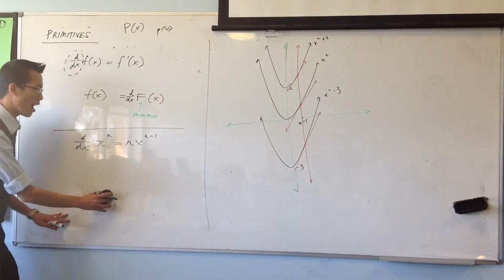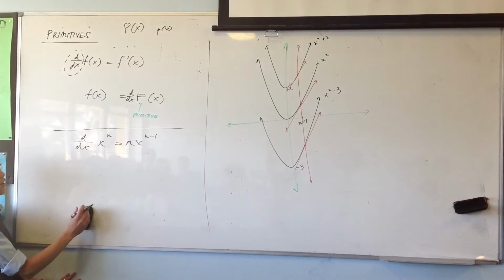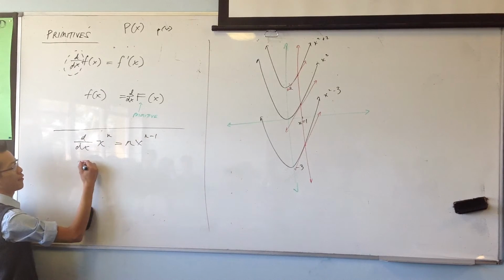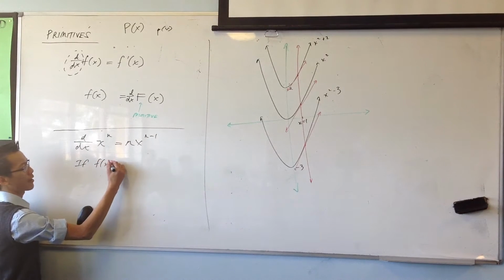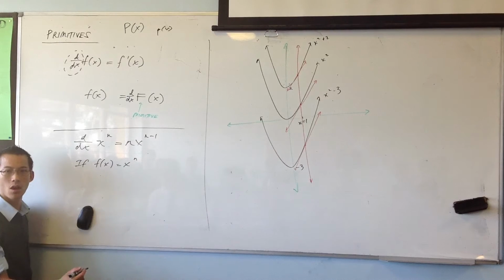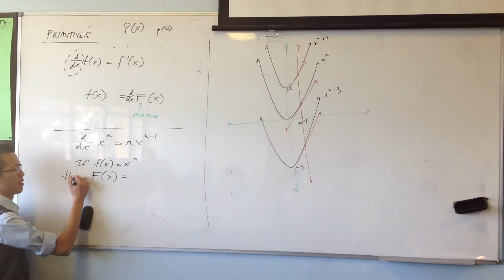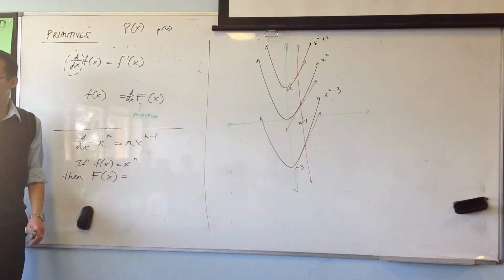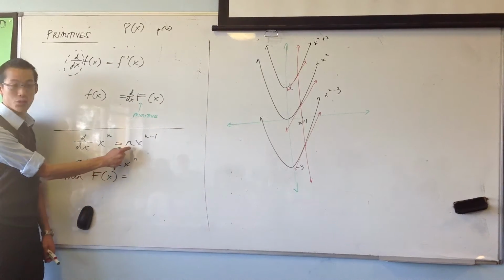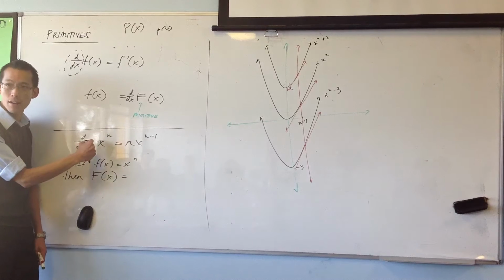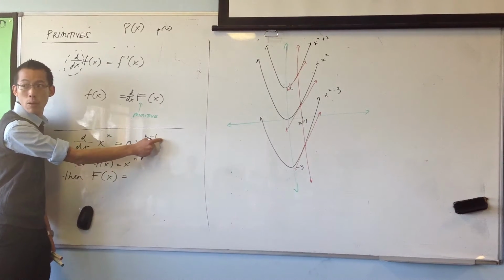Now, if I were to go the other way, so I'm trying to find out if f of x were that, what is its primitive? Let's remember the two steps you did were bring the power out and then reduce by 1.